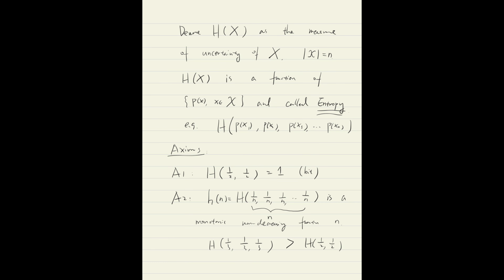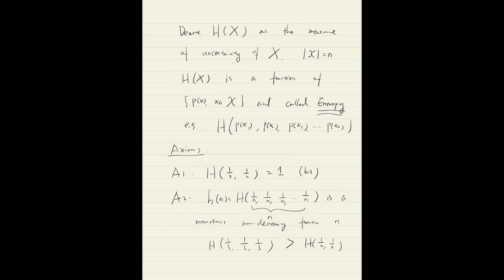I have a question on axiom 1. So does it mean that there's no infinite entropy? Is that what axiom 1 is telling us? Let me think. No, definitely not. In this case, the total number of outcomes is finite.